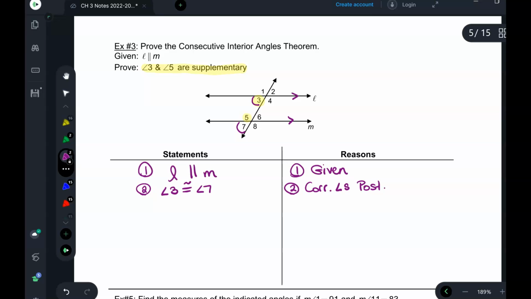Now I'm trying to get the fact that 3 and 5 are supplementary. So if I'm looking at angle 5 and angle 7, I can say that those two are supplementary. Why? Because they're a linear pair, and that's what we call the supplement theorem.